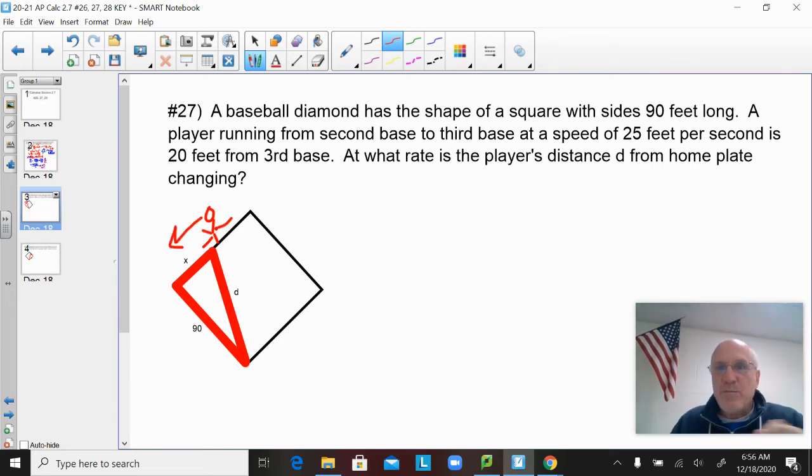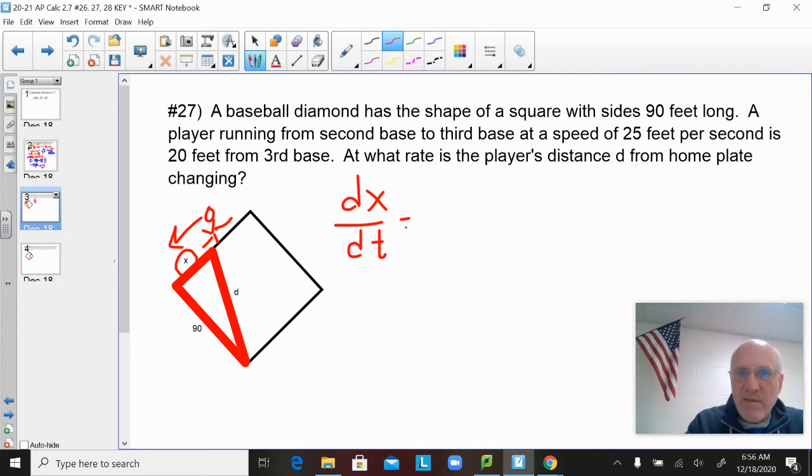And he's running at a speed of 25 feet per second. So that distance right there, the distance between him and third base, that's his rate of change of that. And in fact, since he's running towards third base, that rate of change is negative. So dx/dt is negative 25.